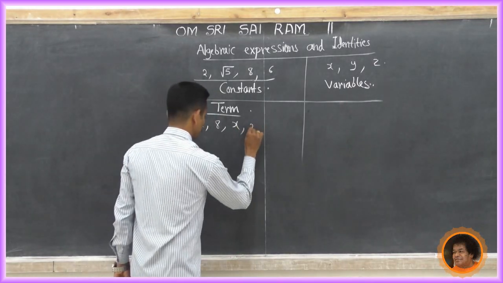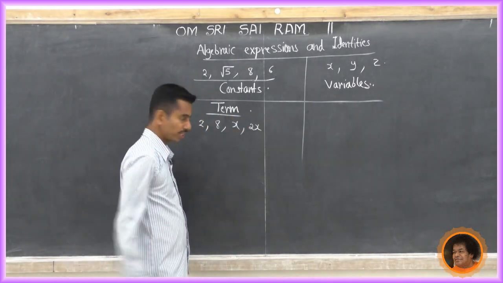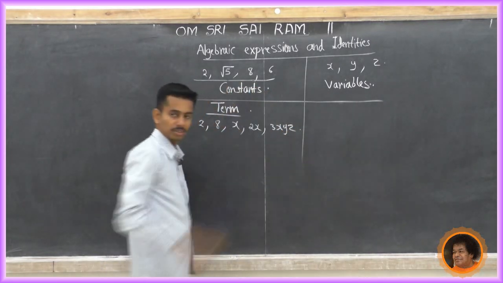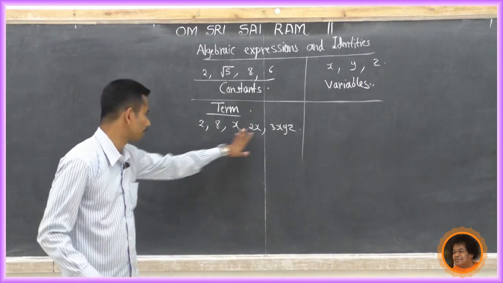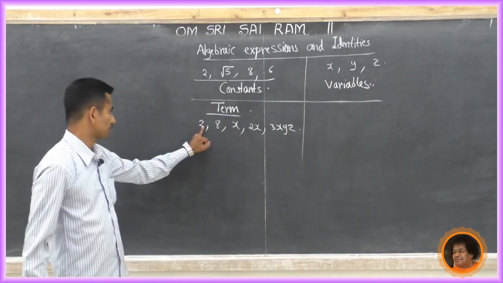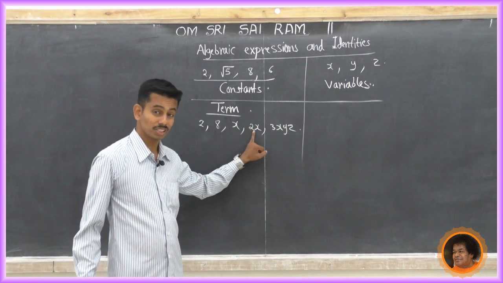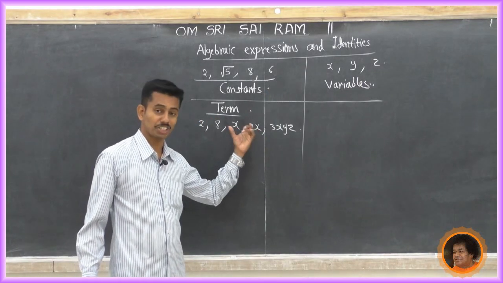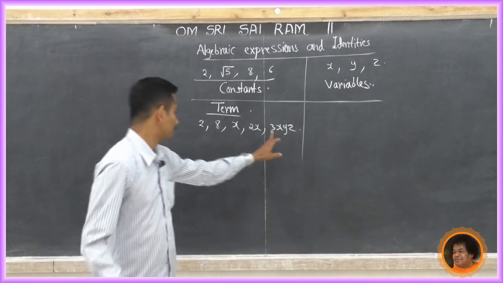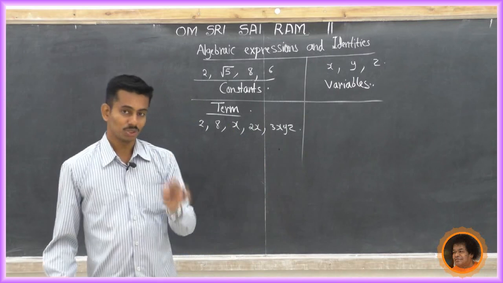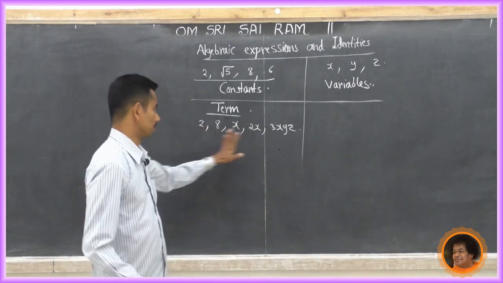Other examples, 2x is also a term, 3xyz is also a term. Now tell me, what do you mean by term? 2 is a constant, 8 is a constant, x is a variable, 2x is a combination of constant and variable. 3xyz is also a combination of variables. So, these are all terms.